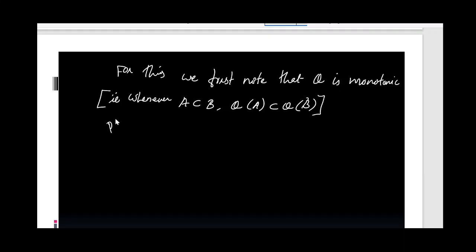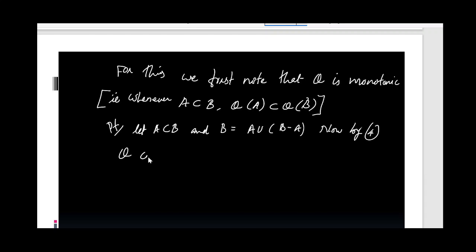Proof. Let A be a subset of B, and B equal to A union B minus A. Now by the fourth property, theta commutes with finite unions.